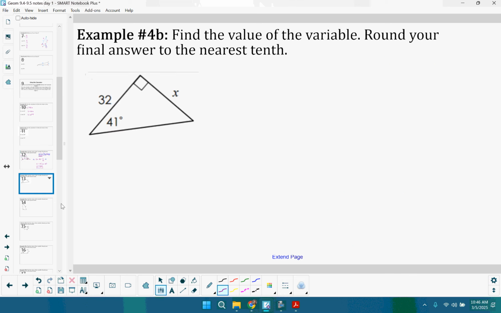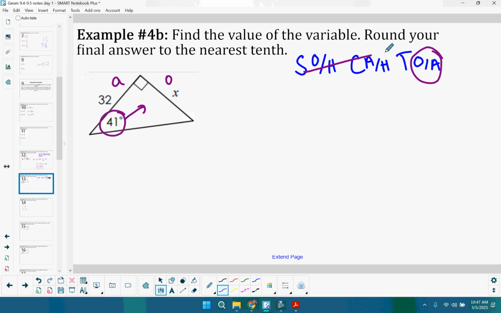Let's look at the next one. 41 degrees is my angle. This is O. This side would have been H, meaning this is the adjacent, this is A. So out of SOHCAHTOA, I have an A and an O. For an A and an O, that was right here for tangent.